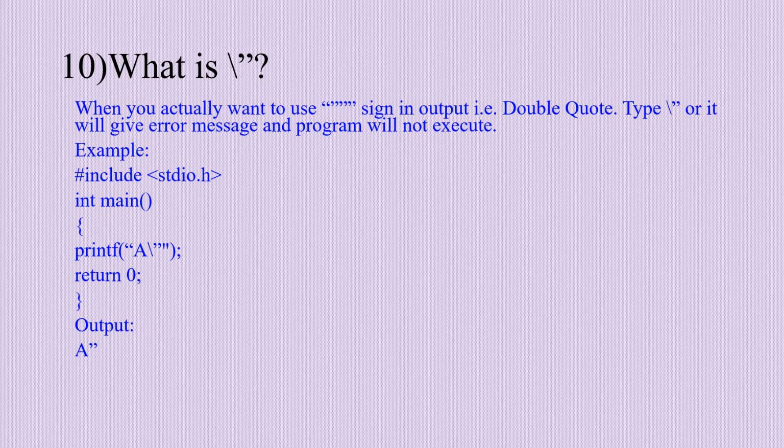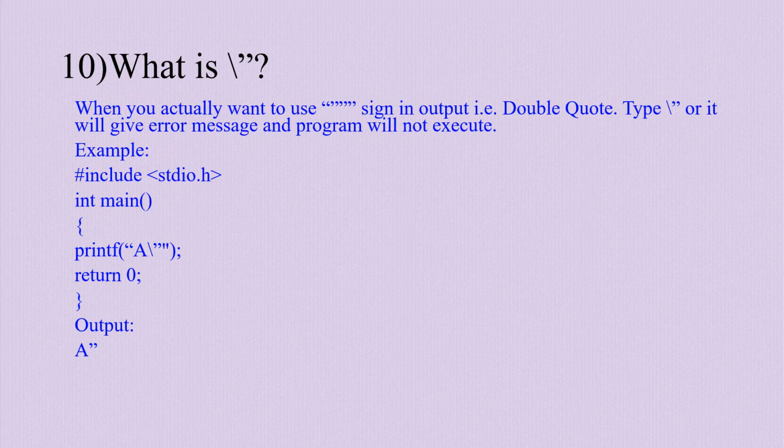Same thing is there for double quotes also. So here is the escape sequence where we are using backslash and double quote sign. What is the statement? Printf in the double quotes, again capital A backslash double quote. So what will be the output? A and double quotes.